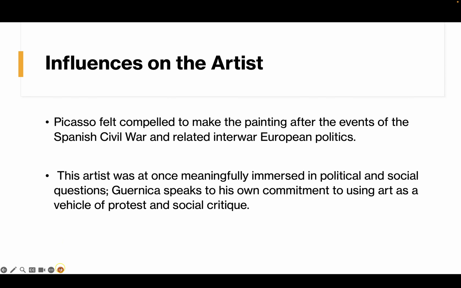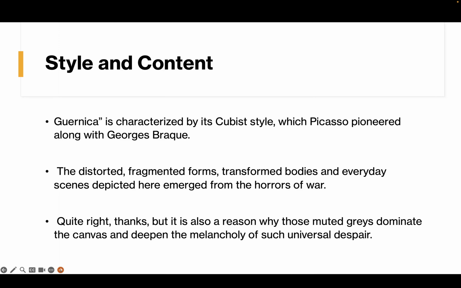Alright, we're going to move on to style and content. Guernica is characterized by its Cubist style, which Picasso pioneered along with Georges Braque. The distorted, fragmented forms, transformed bodies, and everyday scene depicted here emerged from the horrors of the war.